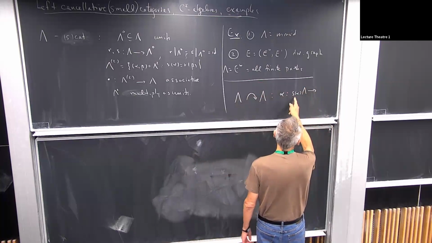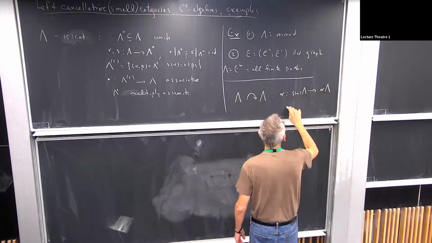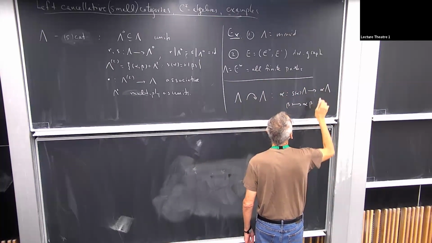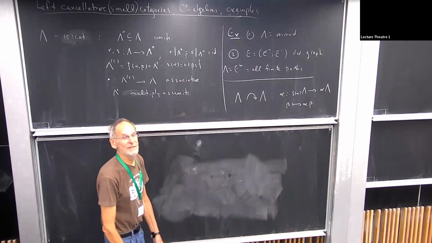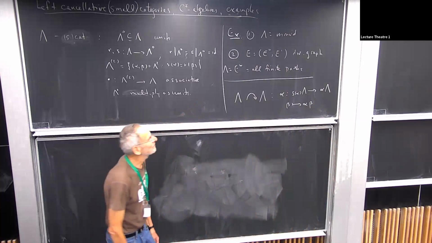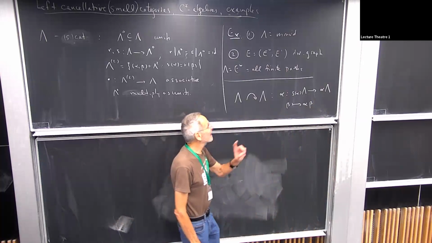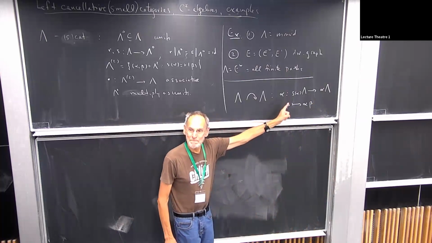And if you multiply such a thing by alpha, you get something that's alpha times something, right? This just takes beta to alpha beta. That's maybe the fundamental algebraic property of lambda, that it acts on itself by multiplication. So now the left cancellative property is exactly that this map is one-to-one.